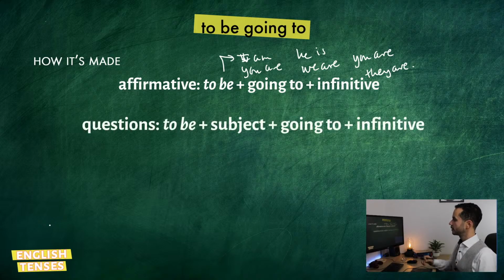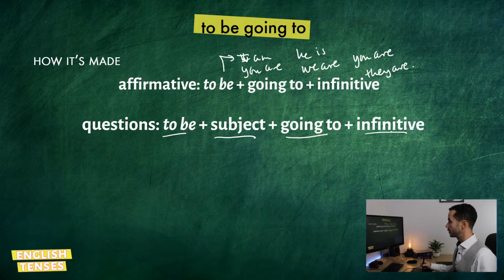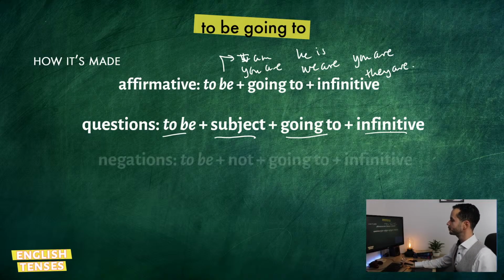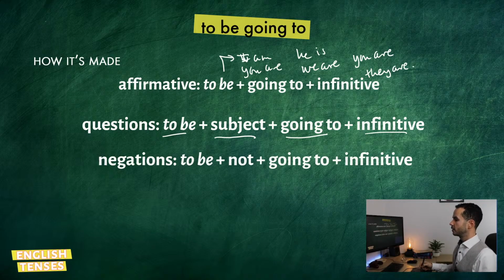Then, for questions, we get inversion. Remember from previous weeks when we have inversion when we talk about questions? Well, the same happens with to be going to. We get to be plus the subject of the sentence plus going to plus the infinitive. Then, for negations, we get to be plus not plus going to plus the infinitive.